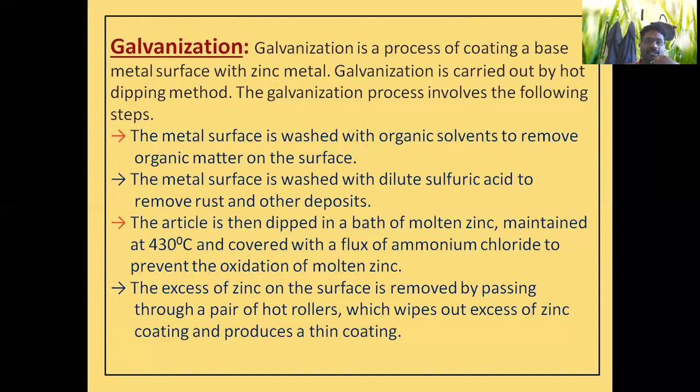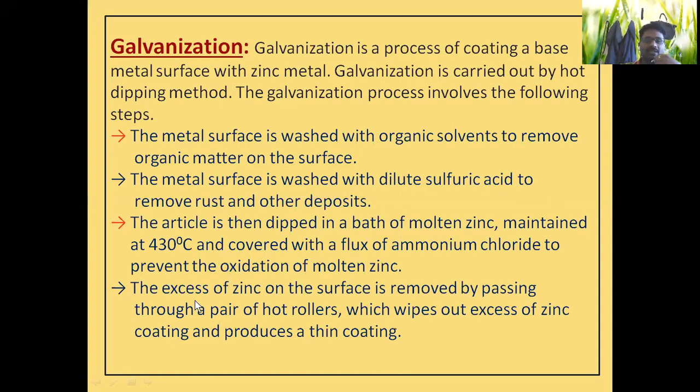Second step: the metal surface is washed with dilute sulfuric acid to remove rust and other deposits. Third step: the article is then dipped in a bath of molten zinc, that is, liquid or fused zinc, maintained at 430 degrees centigrade and covered with a flux of ammonium chloride. The flux is added to prevent the oxidation of molten zinc during coating.